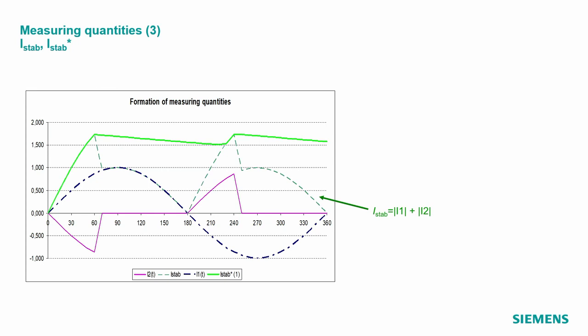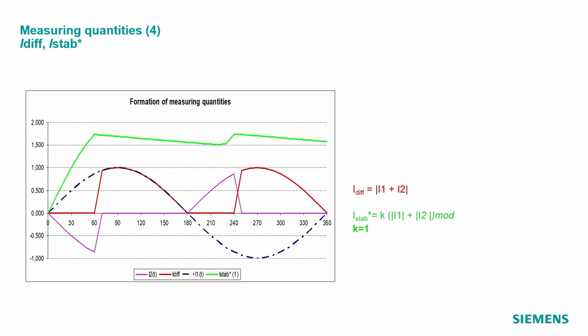And you will see that the calculated stabilization current will decrease as soon as the CT saturation of I2 starts. And that's the reason, as already said, that for our tripping criteria we are not using the calculated stabilization current, we are using the modified stabilization current. So in this picture you see very well the reason why we use the modified stabilization current and not the calculated stabilization current.